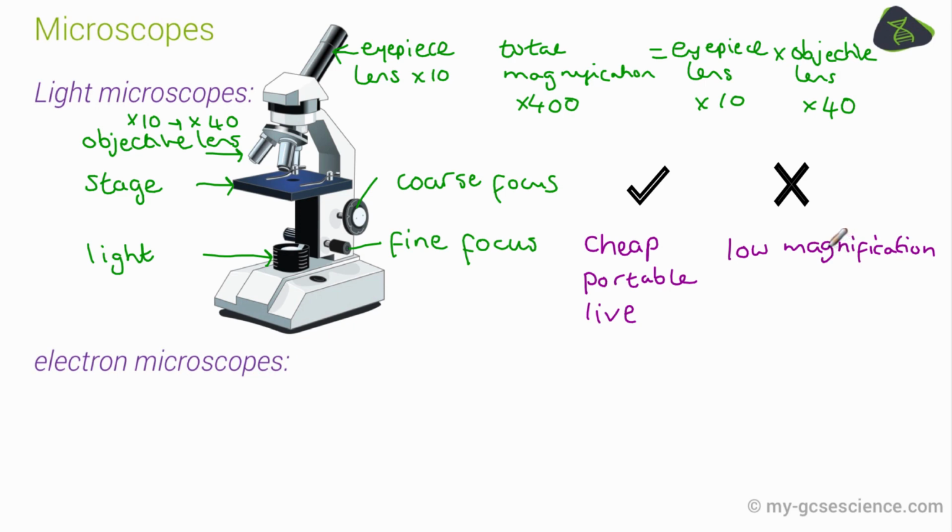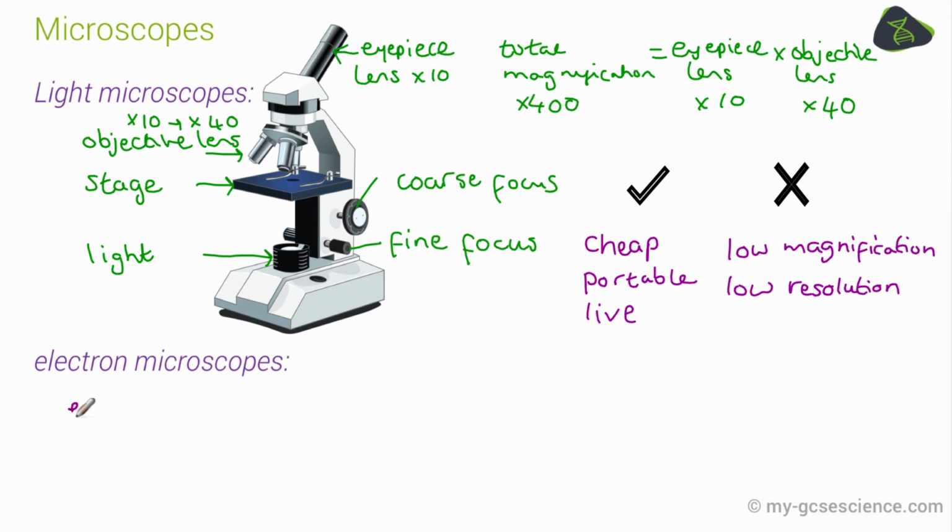Some industrial microscopes can actually go up to times 2000, but if you've got one of these at your school, you are very lucky. Along with having low magnification, they also have low resolution. So generally speaking, the quality is not particularly great. But as I said, they're cheap, portable, and you can see living things.